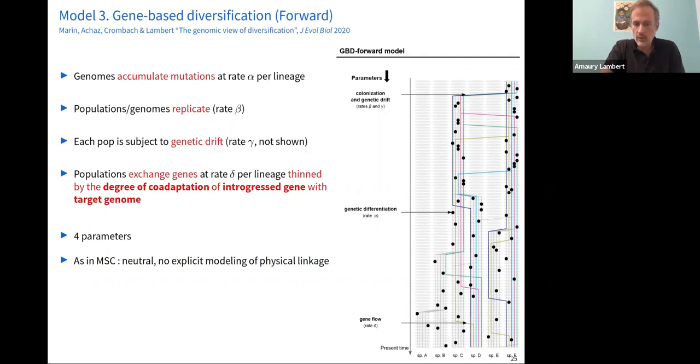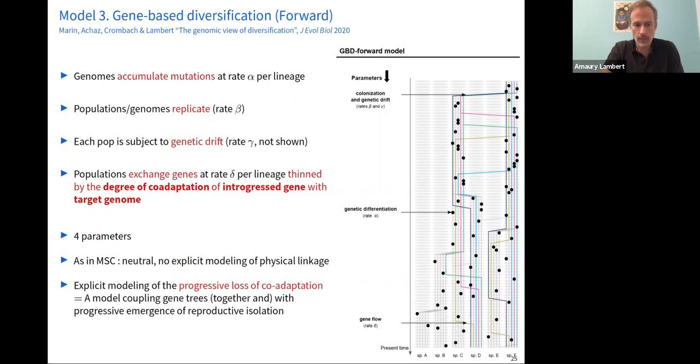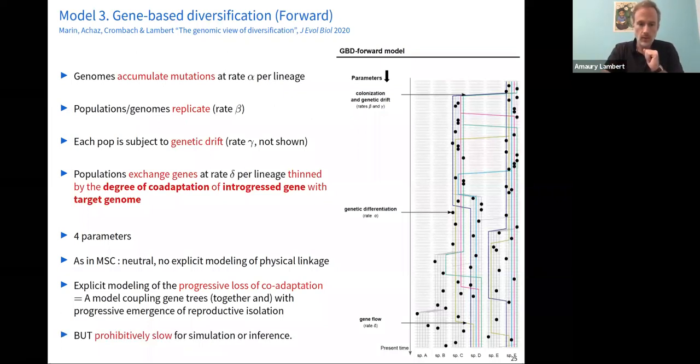As in the multispecies coalescent, it's neutral. There's no explicit modeling of physical linkage. But there is explicit modeling of the progressive loss of co-adaptation, resulting in a model that couples all the gene trees together and also couples gene trees with the progressive emergence of reproductive isolation. But of course, the problem is that this model is prohibitively slow for simulation or inference.